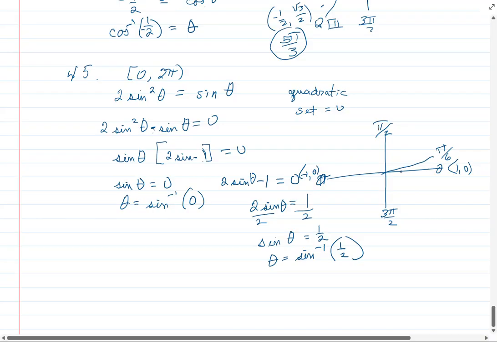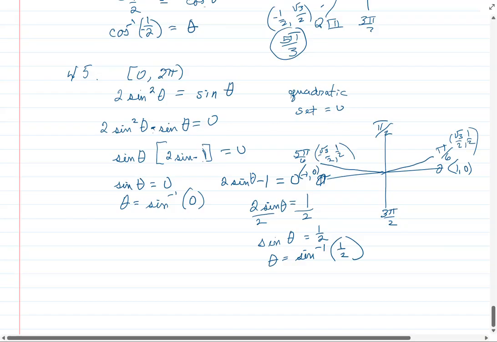So we would have it here and here. And this guy is 5 pi 6s. Negative square root of 3 over 2 and 1/2, positive square root of 3 over 2 and positive 1/2. Again, looking at the ordered pairs of what we have.